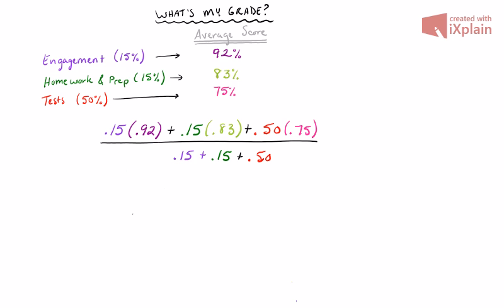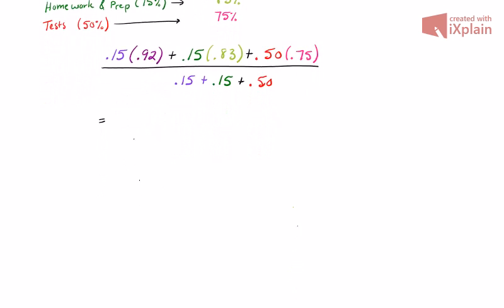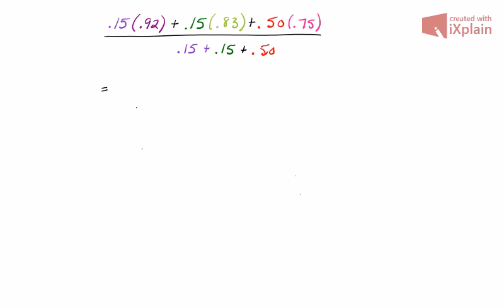So now we're just going to do some basic work here. 15% times 92% is going to give me 0.138 when I do that multiplication.